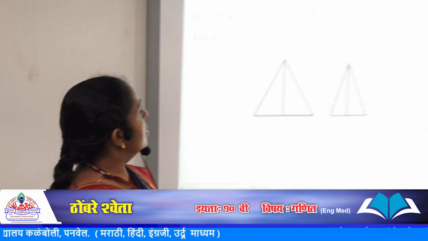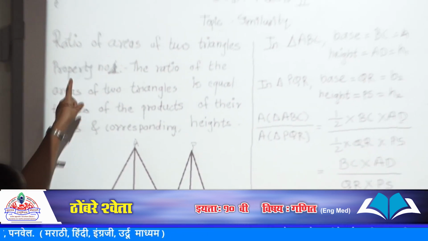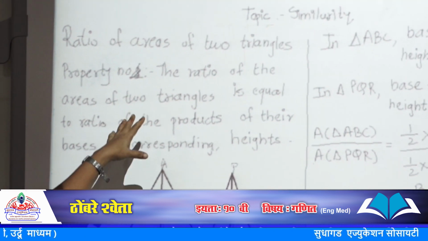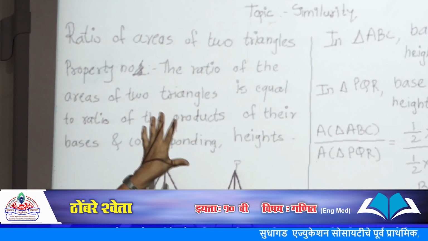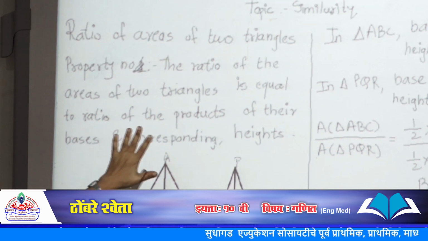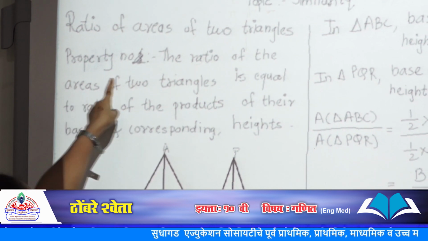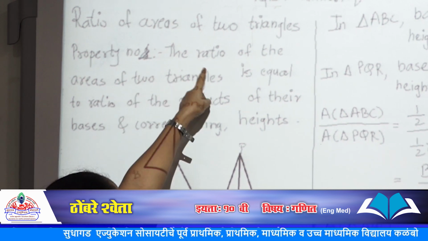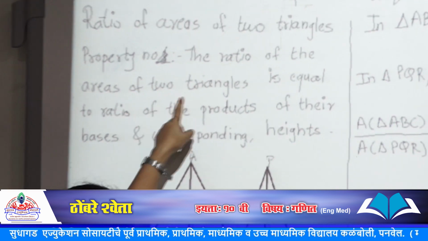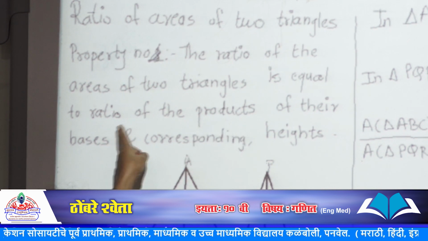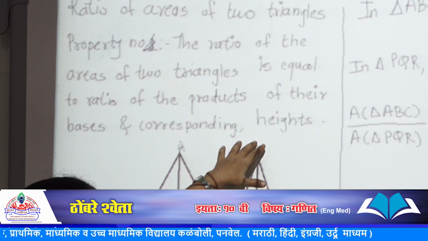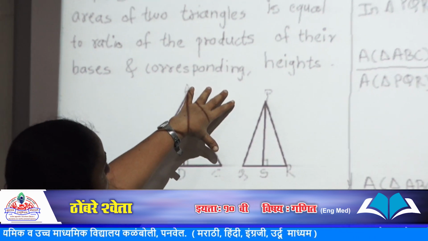Now let us start the concept, that is ratio of areas of two triangles. In this concept we are going to study some properties. In that, property number 1, see what is given here. The ratio of the areas of two triangles is equal to the ratio of the product of their bases and corresponding heights.